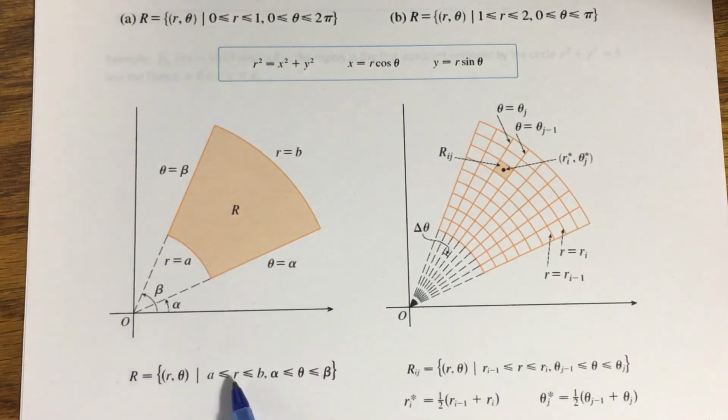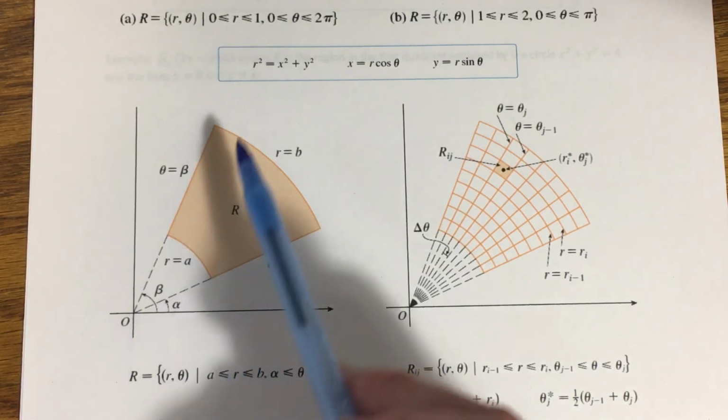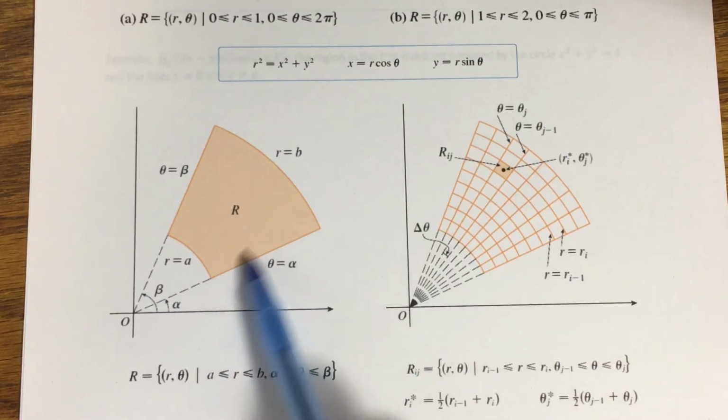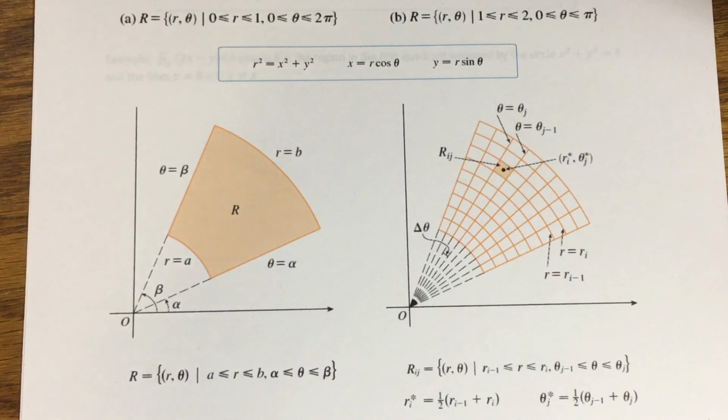In the case of 15.1, it was x and y. We broke those up into a bunch of subintervals. And then what that did to our rectangle is it created a grid of smaller rectangles within that larger rectangle. And then we used those smaller rectangles the same way that we use subintervals with Riemann sums back in Calculus 1, how we define the definite integral. We want to do the same thing here.